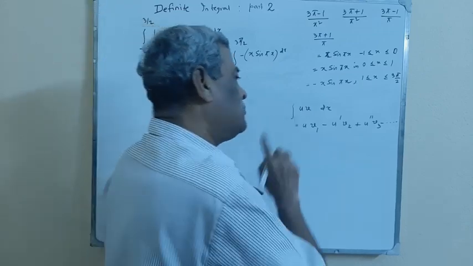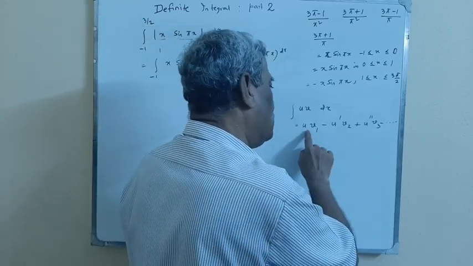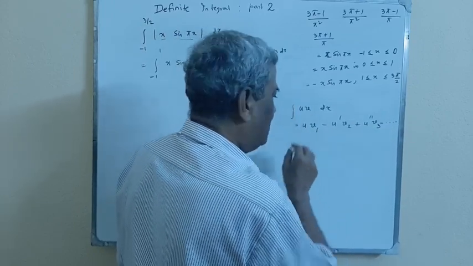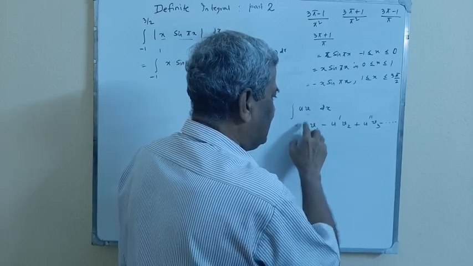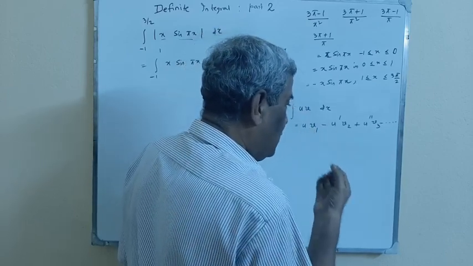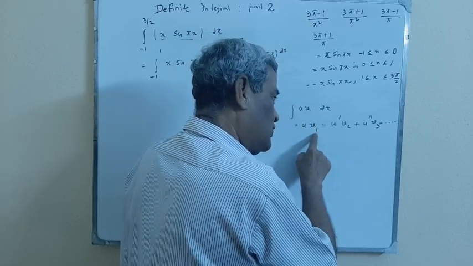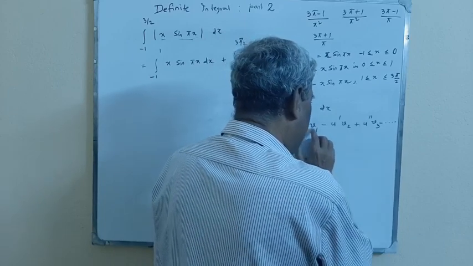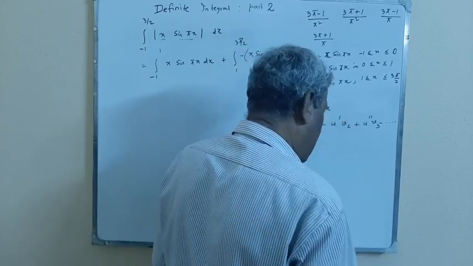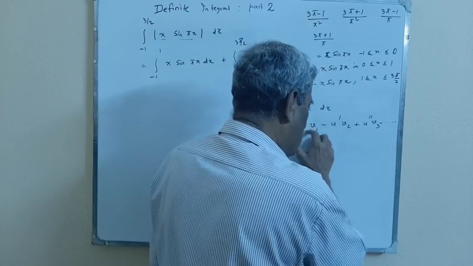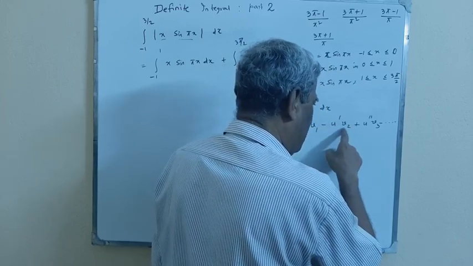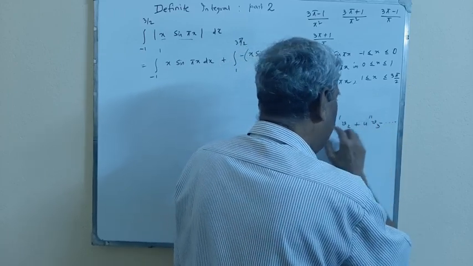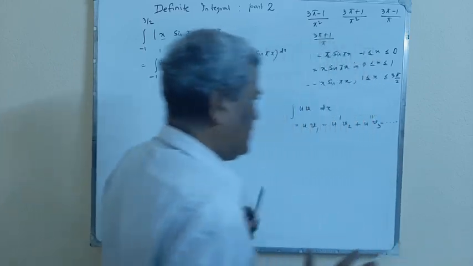The terms are alternately positive and negative. In the first term, the first factor is intact, and v1 means integration of the second function once; then minus its derivative and integration of v1 once again, then plus the derivative of that and integration of that, and continue this process.